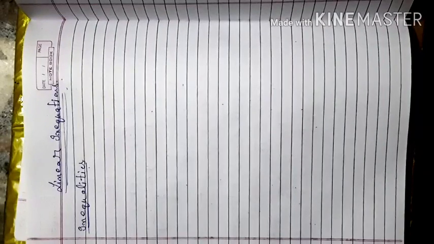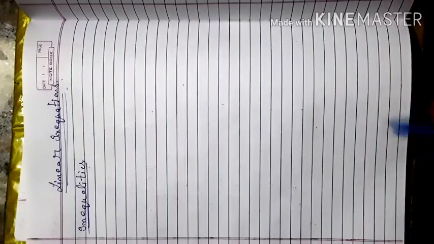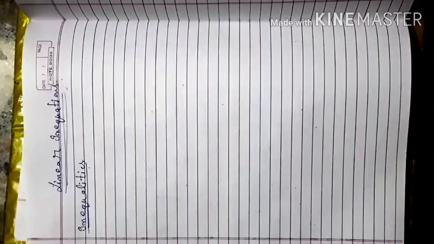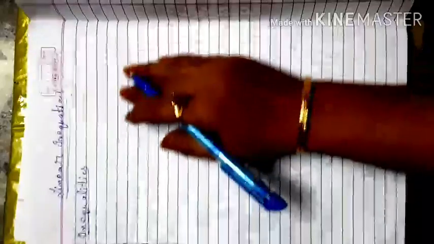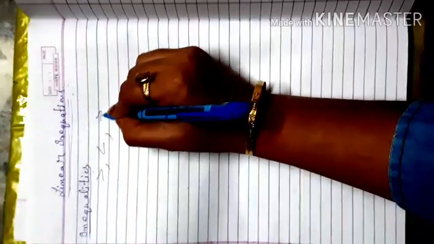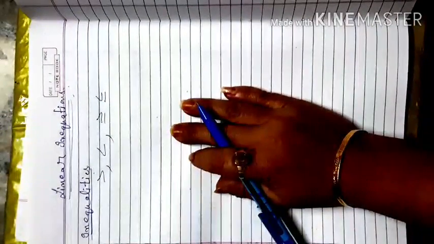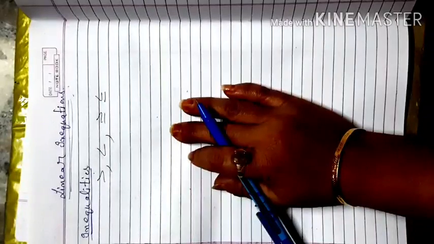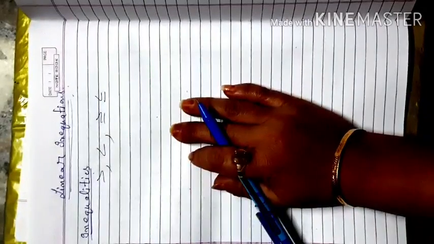Before that, you have already done exercises where the left hand side is equal to the right hand side. If in your equation the equal sign changes to a greater than sign, a less than sign, a greater than or equal to sign, or a less than or equal to sign between the left side and the right side, then we call it a linear inequation.